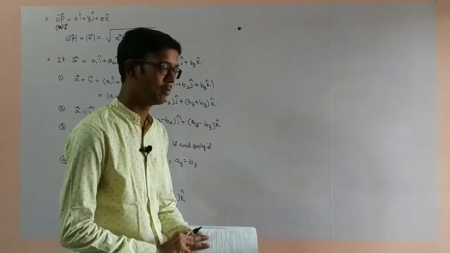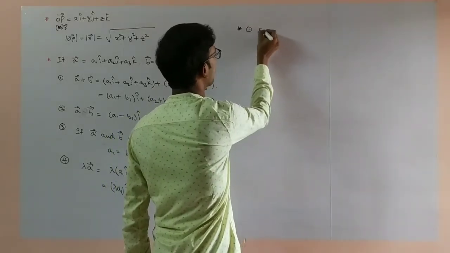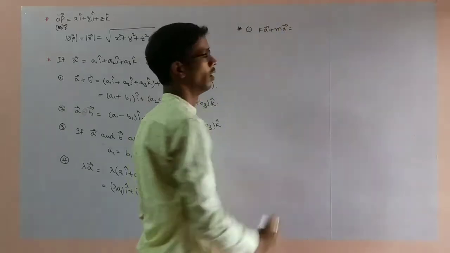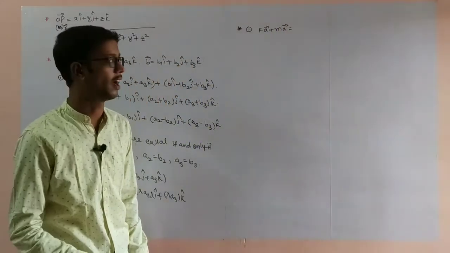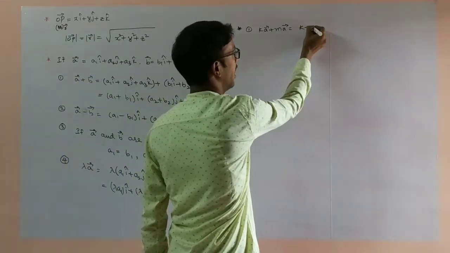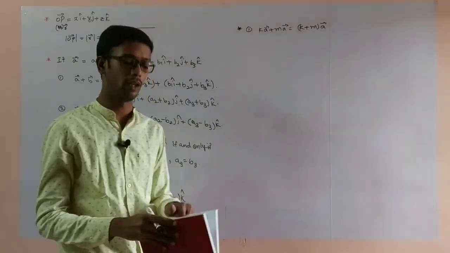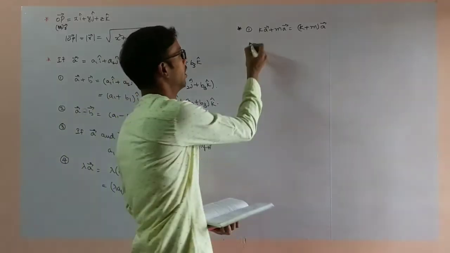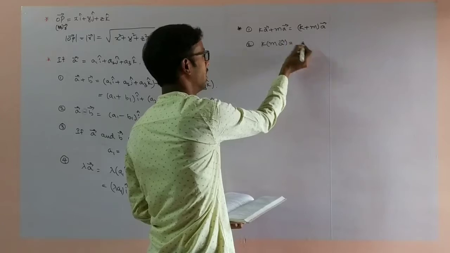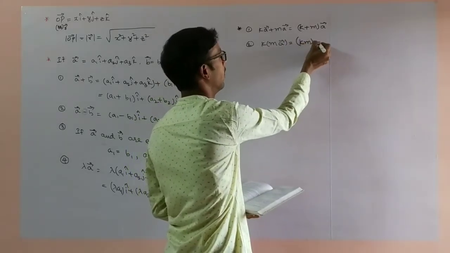A bar and B bar are vectors, and K and M are scalars. Then K A bar plus M A bar is equal to K plus M into A bar. Next, number 2, K into M A bar is nothing but KM into A bar.